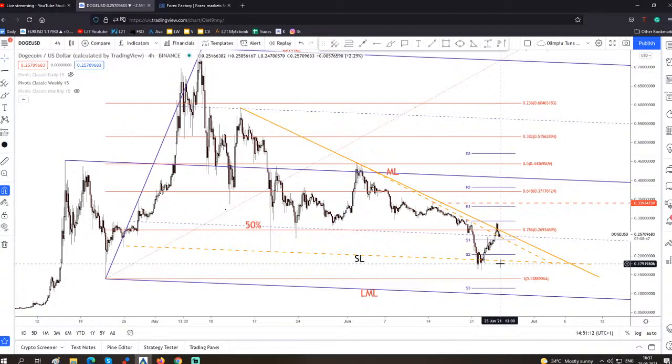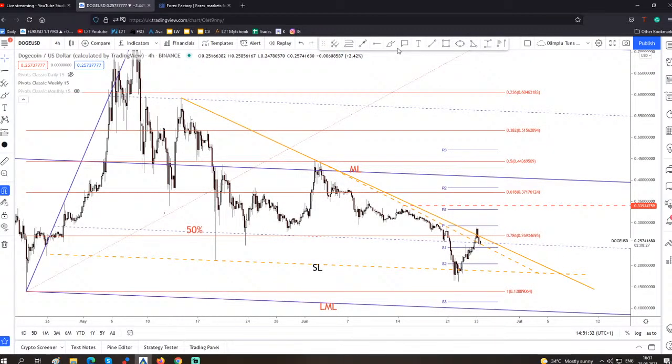Right now it has rebounded, but it has found resistance here at this downtrend line. It has jumped above this immediate downtrend line, but it has failed to stabilize above the 78.6, above this downtrend line. So we have to wait maybe for the price to jump, to stabilize above it, to make a new higher high before confirming a potential growth.